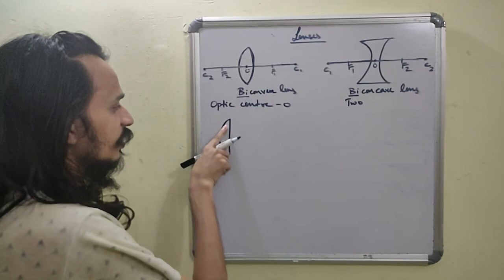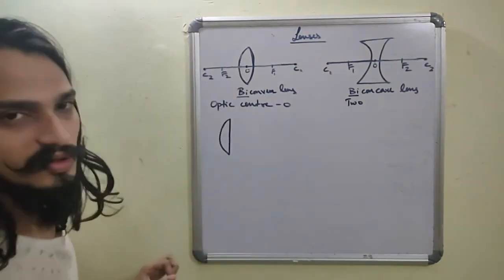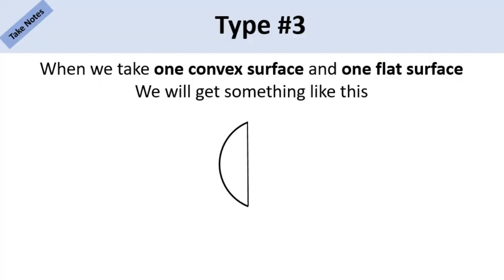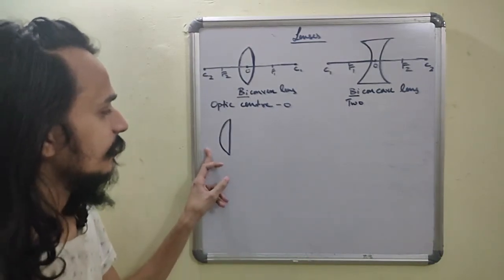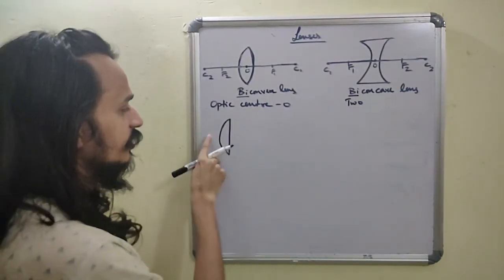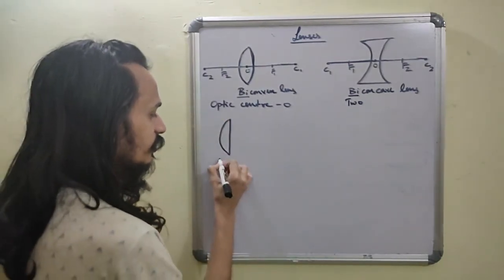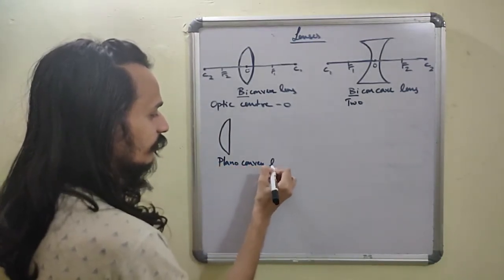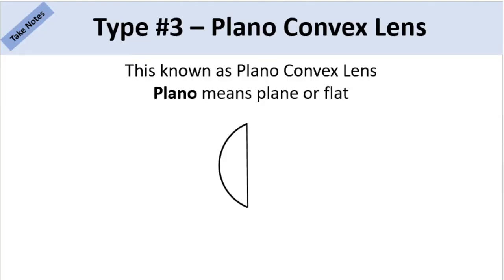Since it's not mirrored, I'll just put a flat surface on that, like a plane surface. So this is called plano convex. One side is plane, the other side is convex. So I'll call it plano convex lens. Right.